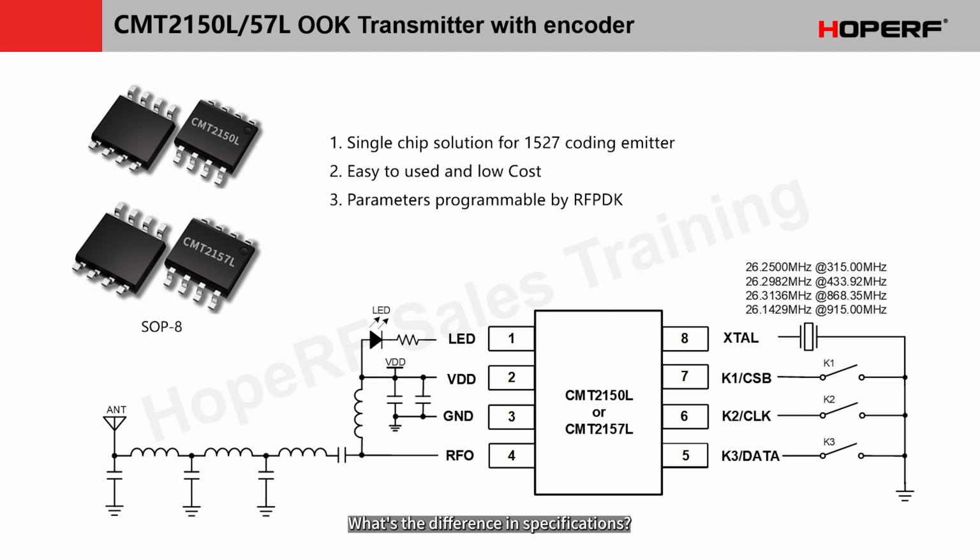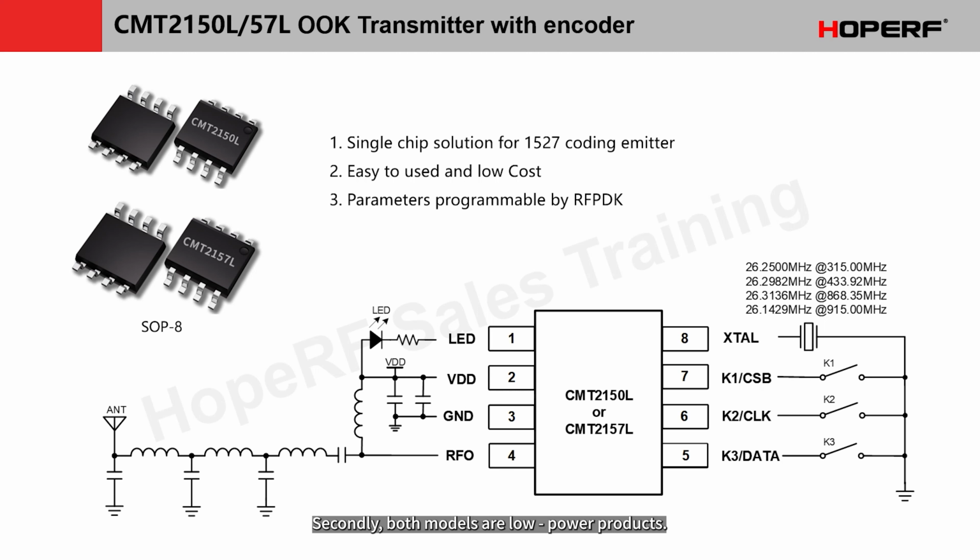What's the difference in specifications? The difference lies in the degree of encoding format support. The 2150L supports 1527 encoding transmitters. The 2157L adds support for user-defined encoding on top of this. Thus, the 2157L is more flexible in encoding.